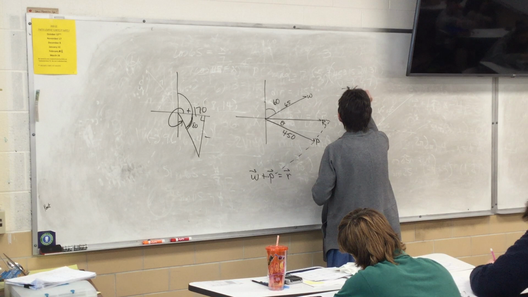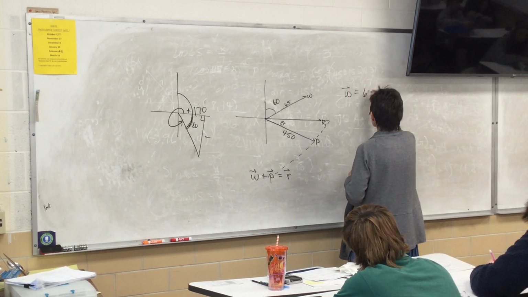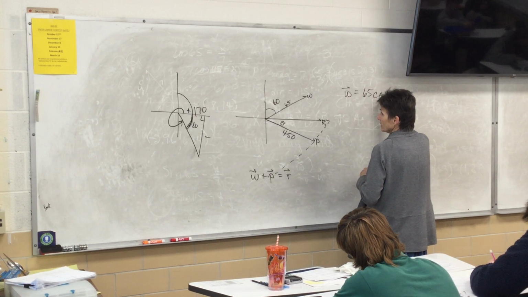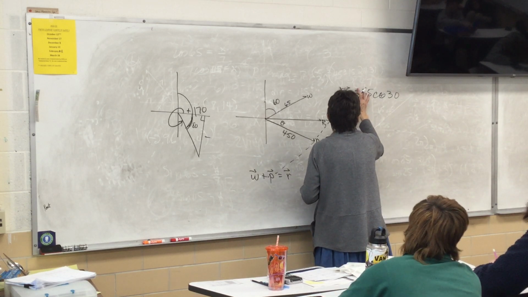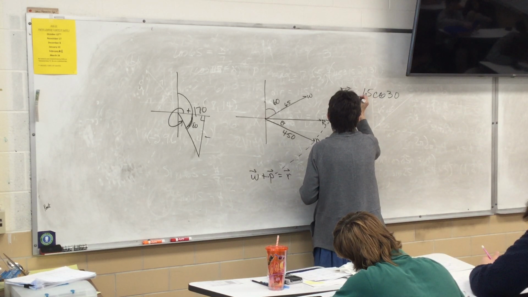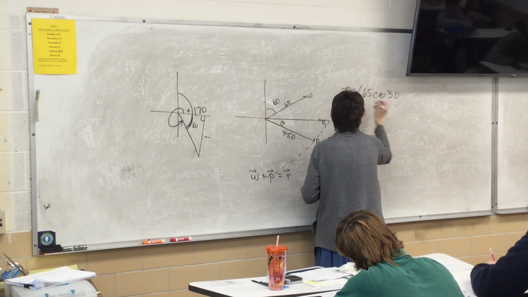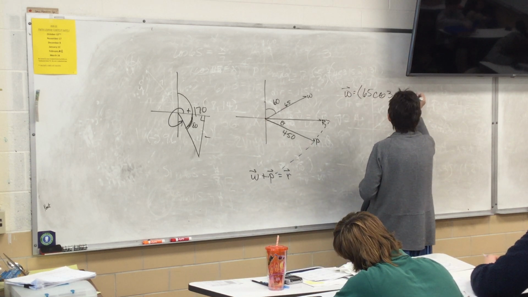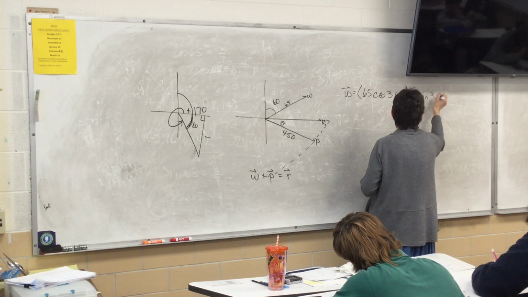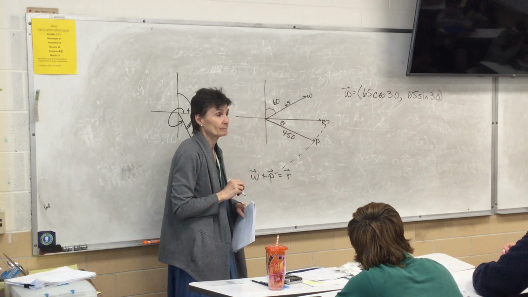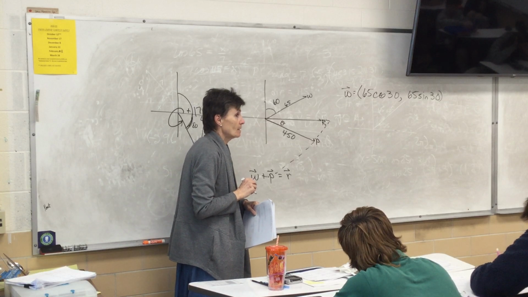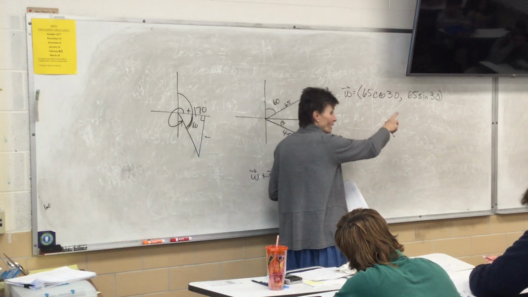Won't the X for the wind be 65 cosine 30? 56.2. And the Y will be 65 sine 30? Does that make sense to everybody? So these are the components of the wind.